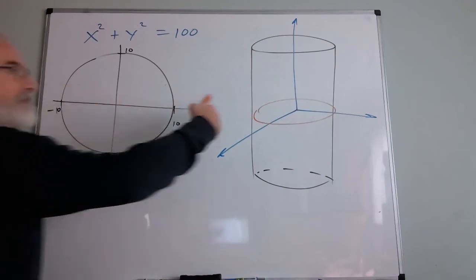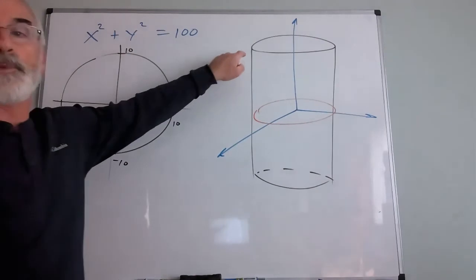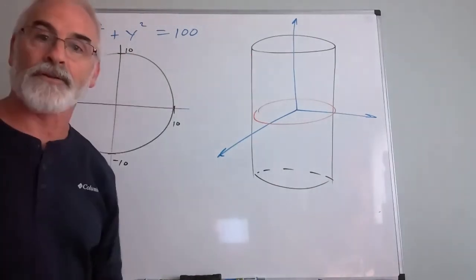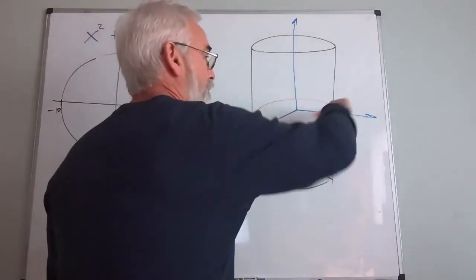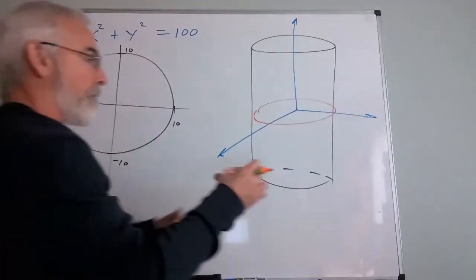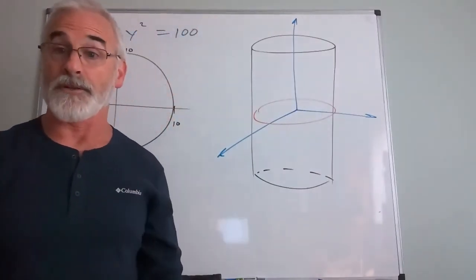Same circle right here. Now I'm in 3 dimensions. Oh my gosh. This is a circle on the XY plane. This would be a circular cylinder in 3 dimensions. It would be a circular cylinder where that circle right there is that one. But I'm also going up and down forever because there's no Z coordinate in the equation.